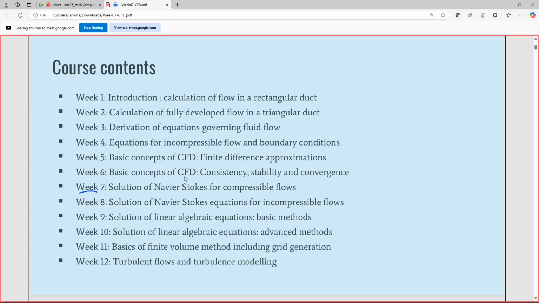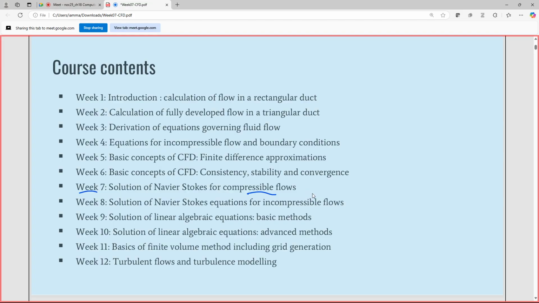In week 7, in the last weeks we have mostly discussed the basic concepts of CFD, the types of errors which can occur, and the criteria for stability, consistency, convergence, and all those things. In week 7, we are discussing solving the Navier-Stokes equation, particularly from the viewpoint of compressible flows.